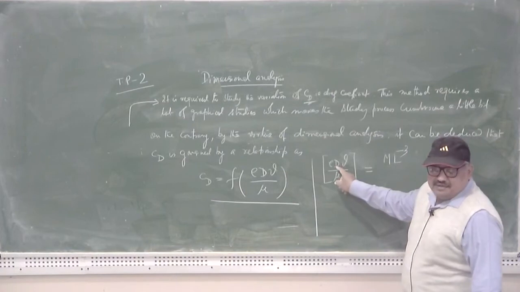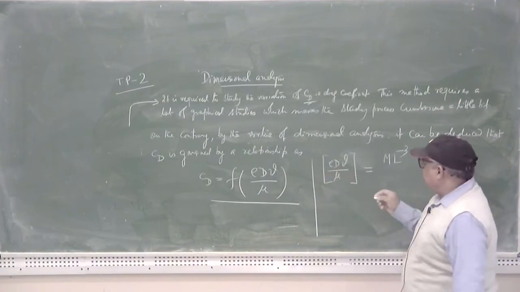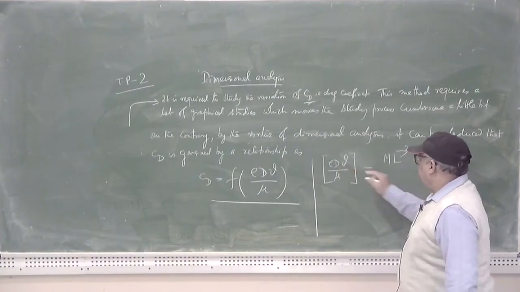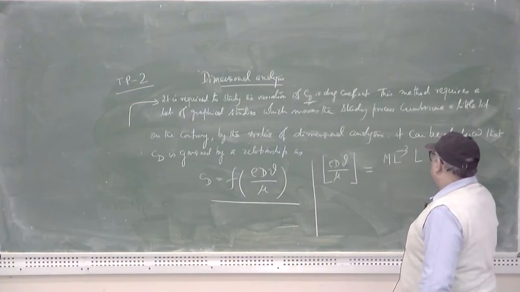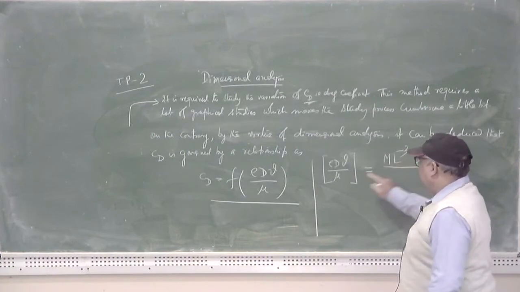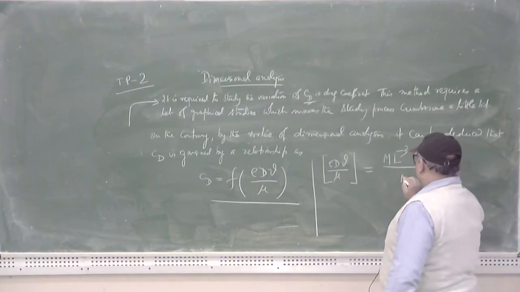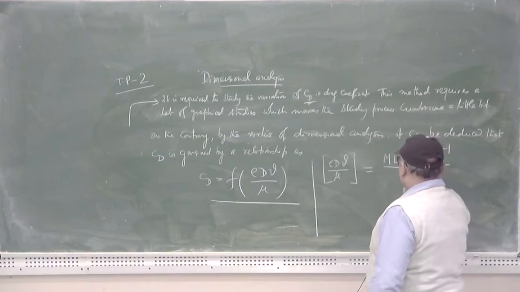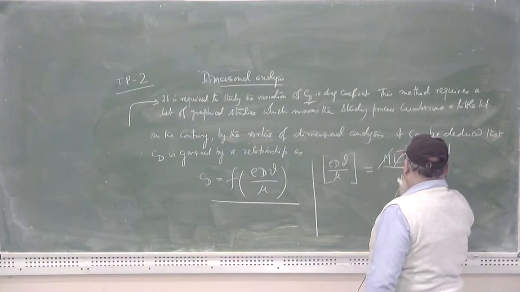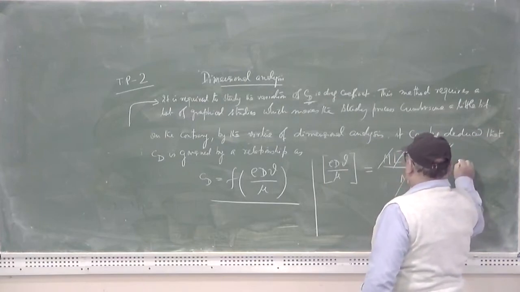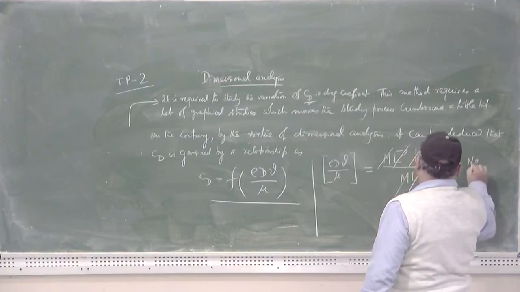Quantity of d, that is the diameter, that is the length dimension, L. Velocity, LT raised to the power minus 1, divided by mu, the coefficient of viscosity, that will be equal to ML raised to the power minus 1, T raised to the power minus 1. Cancel. This will get cancelled, that is no dimension.